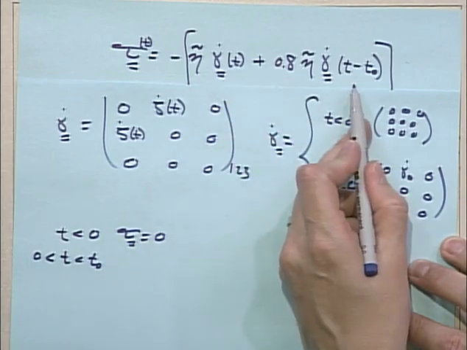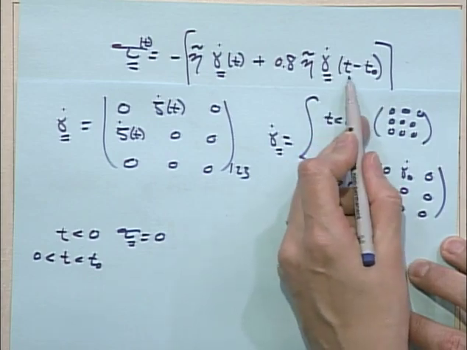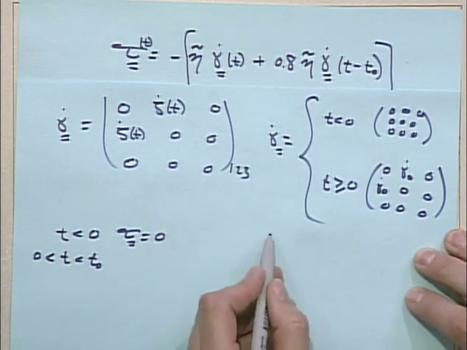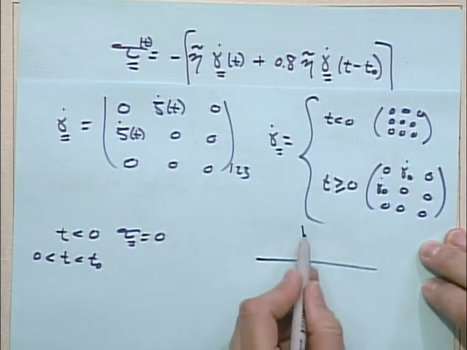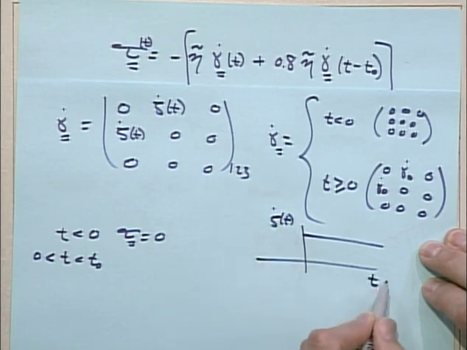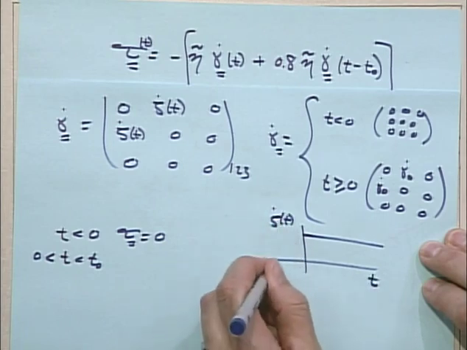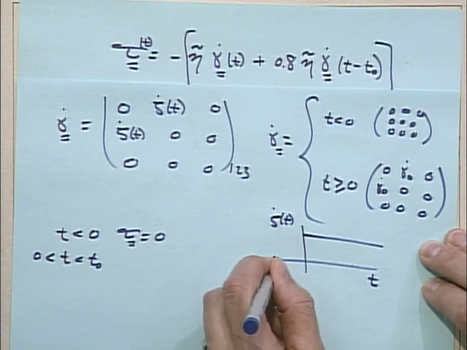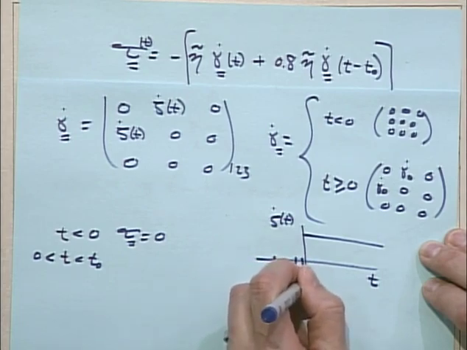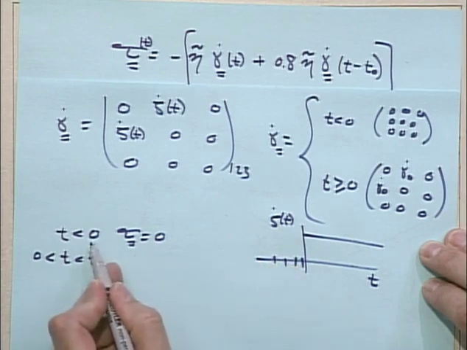This term doesn't contribute because gamma dot at t minus T naught, if t is less than T naught, is 0. So here's our startup function, sigma of t. And when the time I'm interested in is back here, the stress is 0, the stress is 0, the stress is 0. And that's what we've got here.